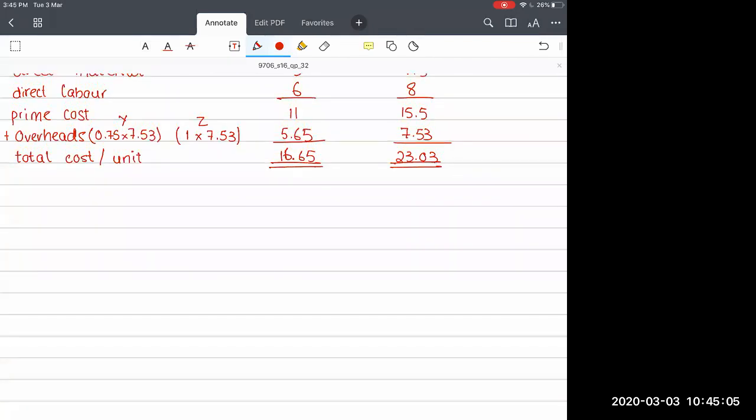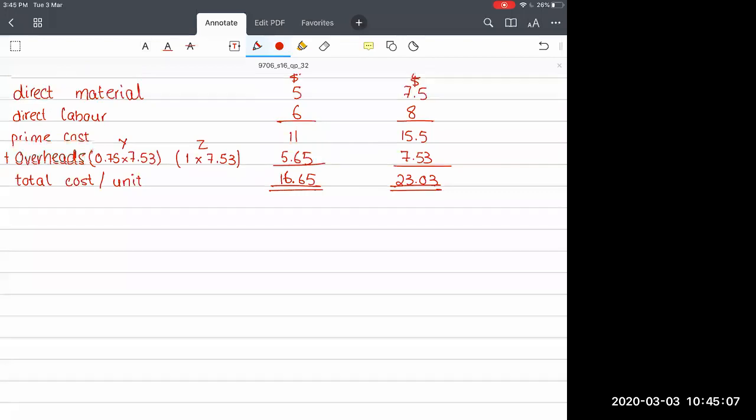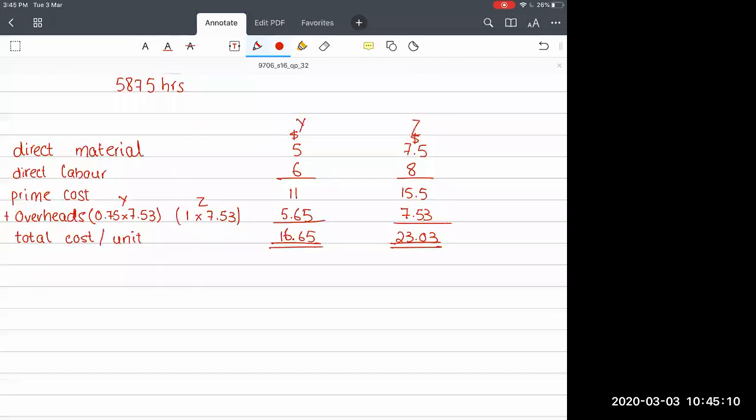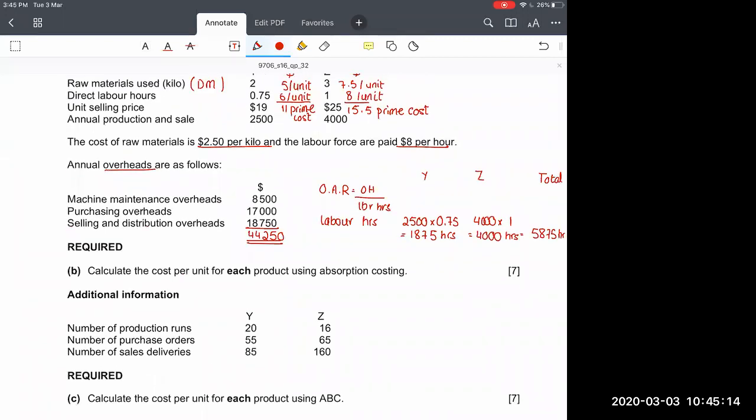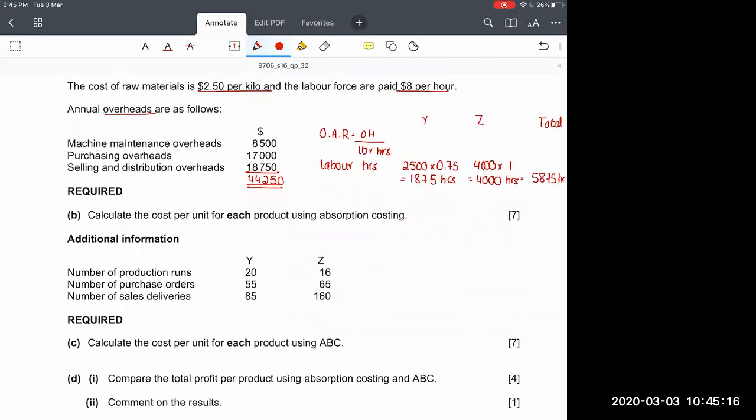Now moving on towards the next requirement. Now additional information. Number of production runs are given. Okay, how many times we actually carry out the production runs? Product Y and Z, 20 plus 16, that is 36. Activity हमारे पास आ चुकी है. Number of orders 55 and 65.